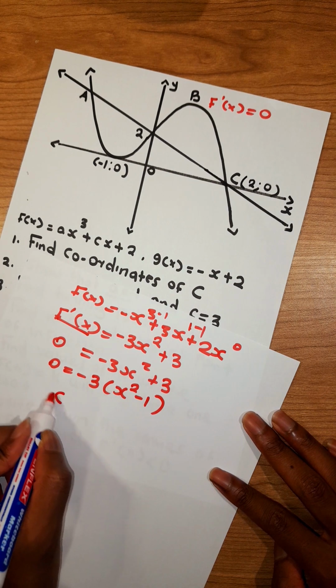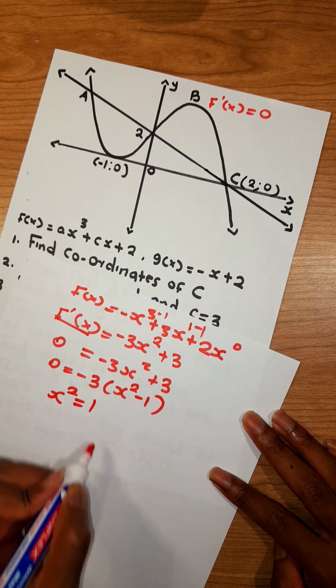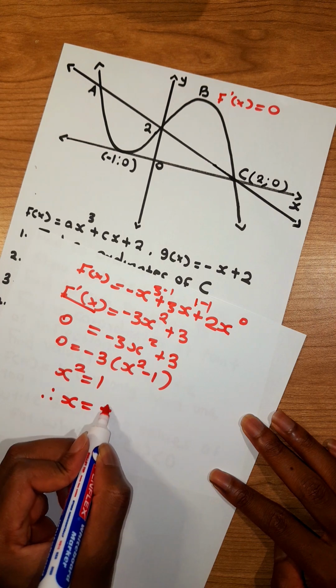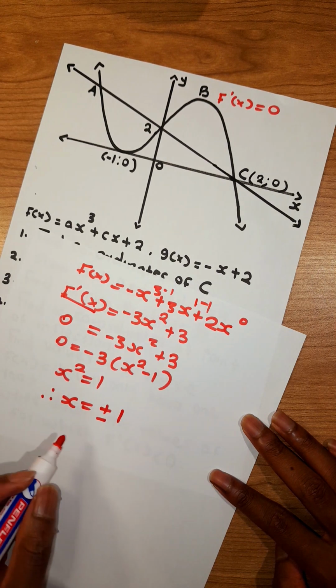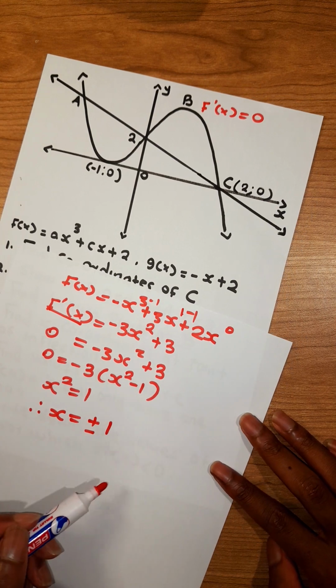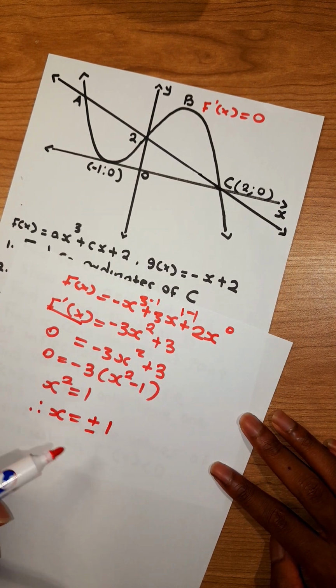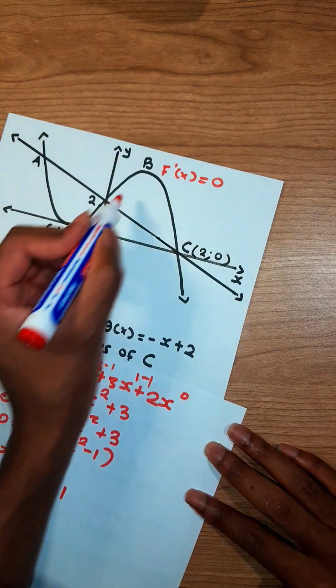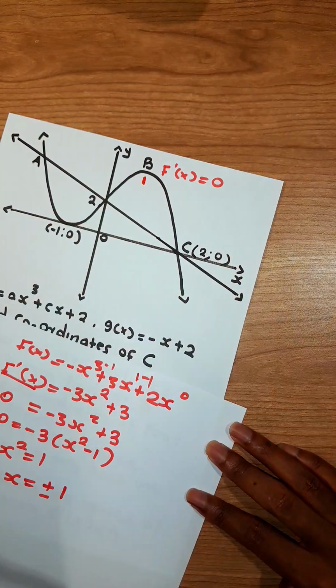So we know we're going to have x squared equals 1. Therefore, x equals plus or minus 1. So it means that our x turning point is at minus 1, and at B, it is going to be 1.